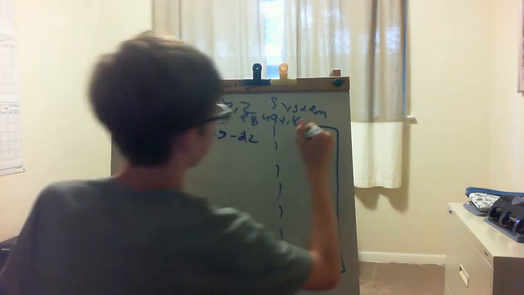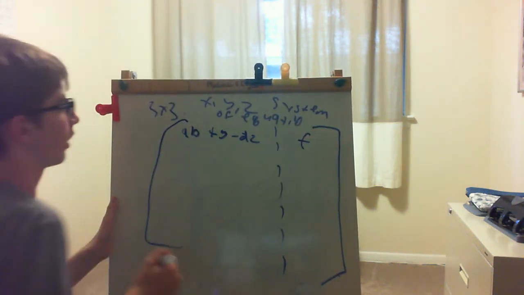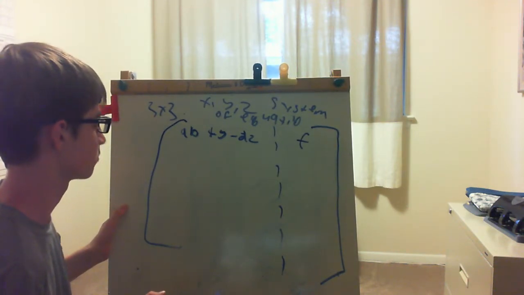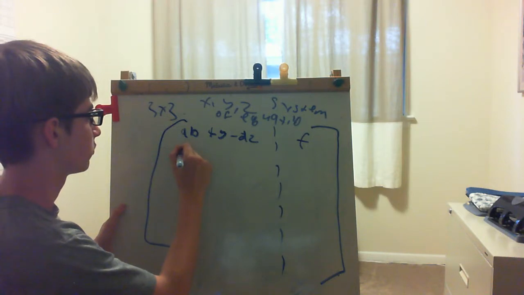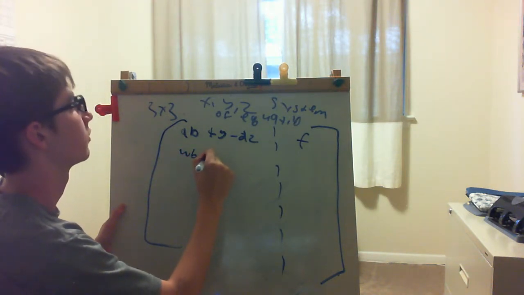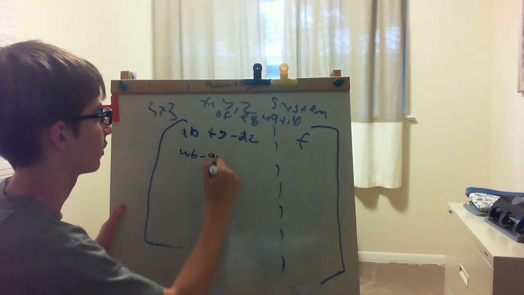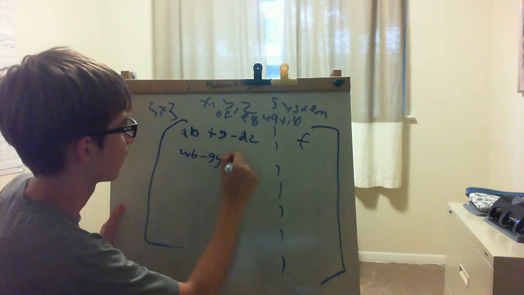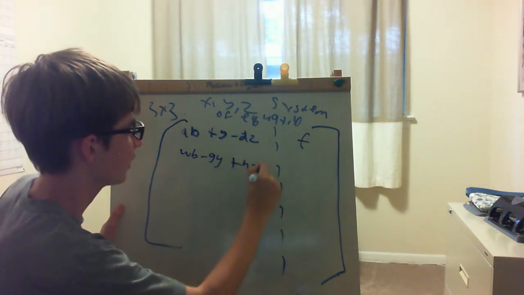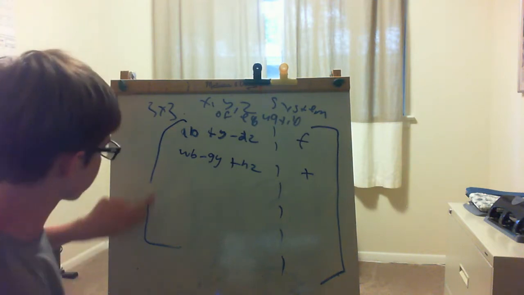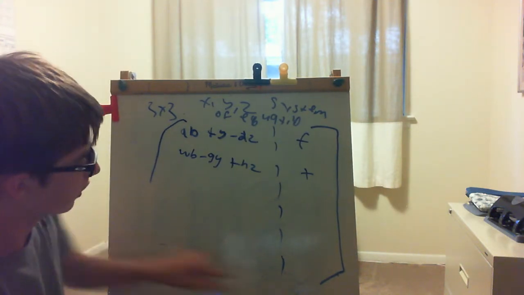Let's say that equals F. And then say we have WX minus GY plus HZ equals T.